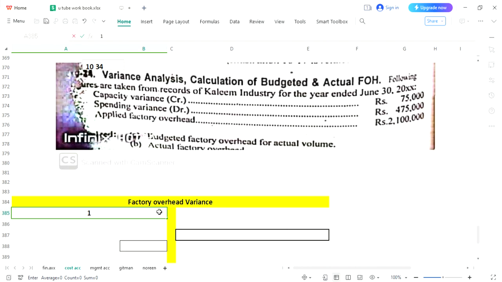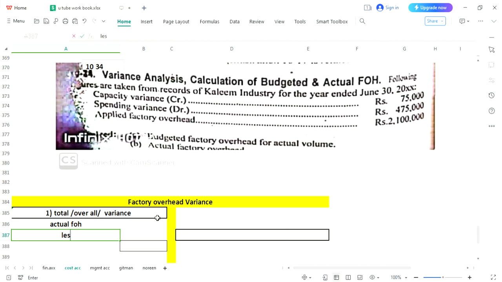The first variance which we calculate is the total variance or overall variance. It is the relationship between actual and applied FH. So first we will write your actual FH and then you will put your applied FH. Here you will calculate your variance, which is the relationship between actual and applied FH. You will take the difference over here. Then the next thing is to conclude by focusing upon applied FH.